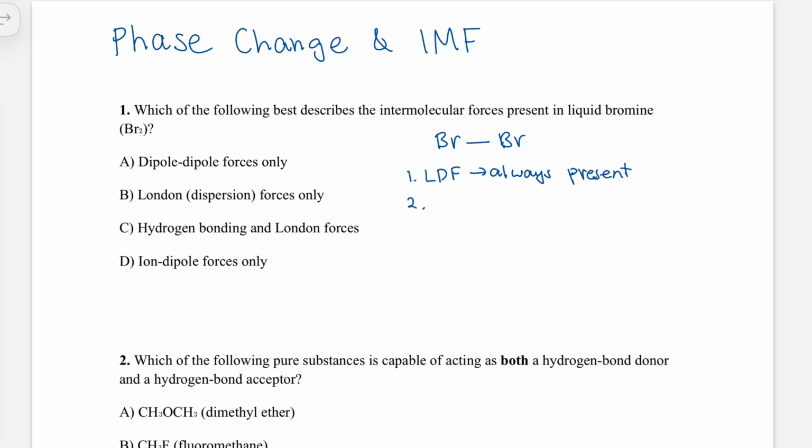And then number 2, we have the dipole-dipole, which occurs in asymmetrical molecules. Basically, this creates an electronegativity difference. There's going to be a difference between the two different atoms when you have an asymmetrical molecule, meaning that one side will attract more electrons than the other.